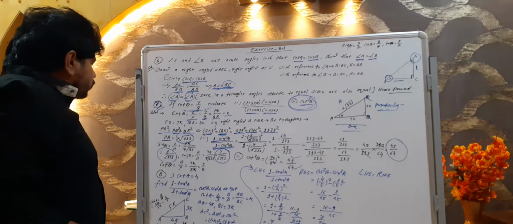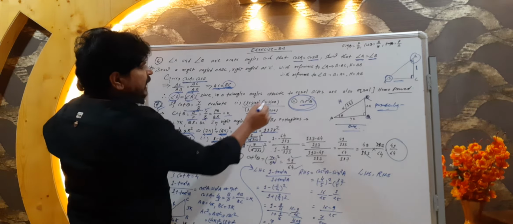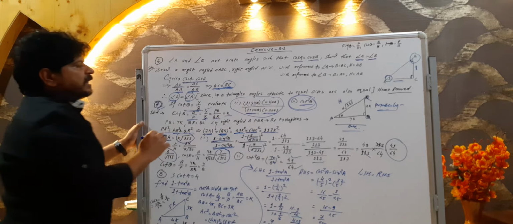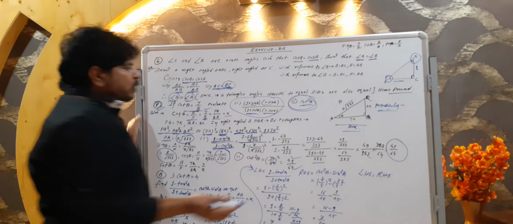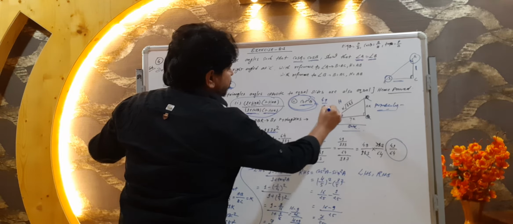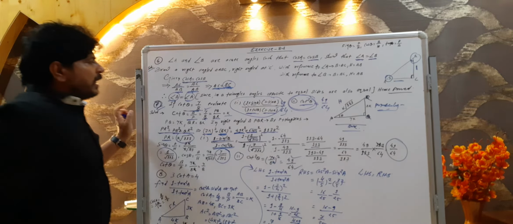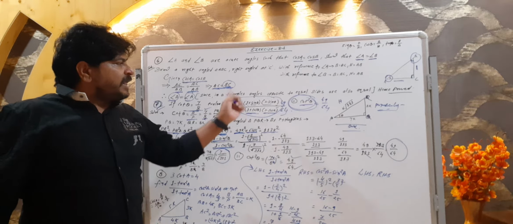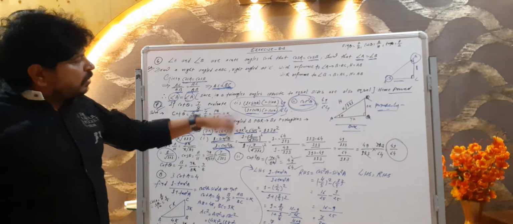So what values did we get here, guys? The first condition they were asking was 1 plus sin theta, 1 minus sin theta, and 1 plus cos theta, another bracket 1 minus cos theta. Its value we got is 49 upon 64, and cot square theta, its value we also got the same, 49 upon 64. Both values are the same. How did we get them? Just as I told you, 1 plus sin theta, 1 minus sin theta, we can write as 1 minus sin square theta. 1 plus cos theta, 1 minus cos theta, we can write as 1 minus cos square theta.